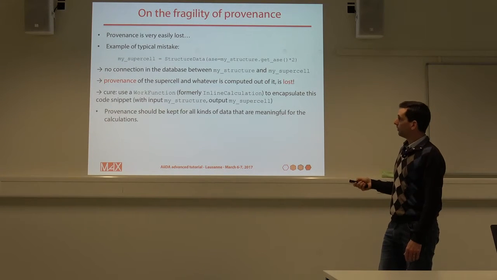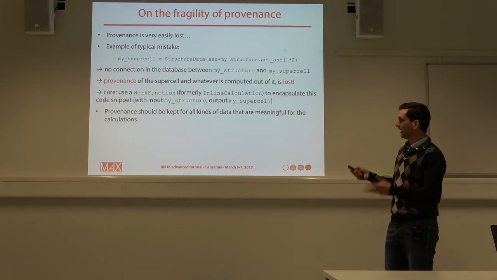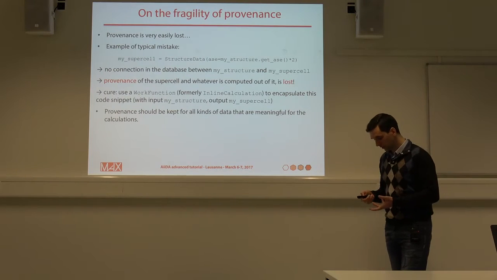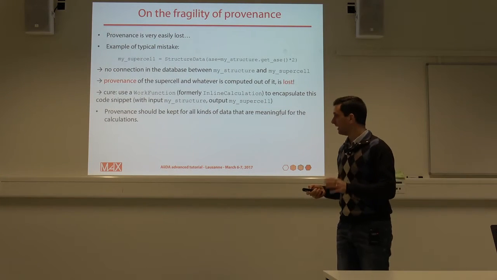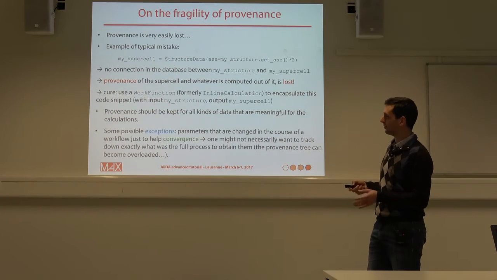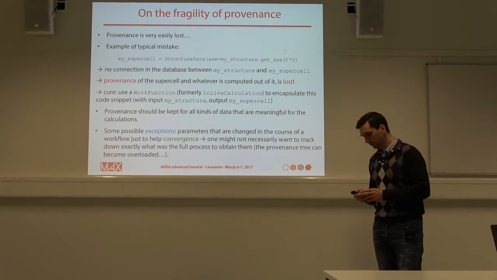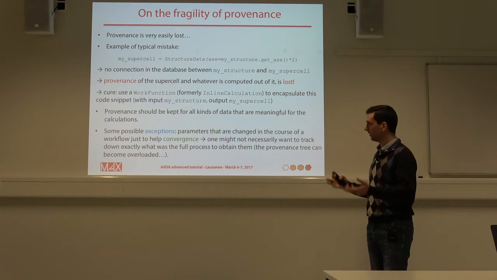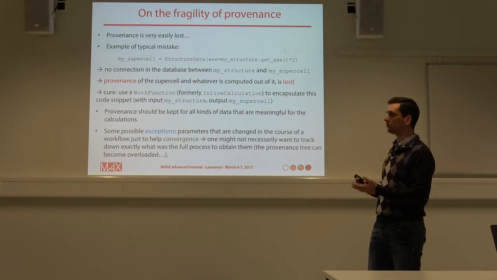So the provenance should be kept for all kinds of data that are meaningful to calculation. So there are still some exceptions in a way, because if you really connect everything to everything, you end up with something that sometimes is too complex for nothing.